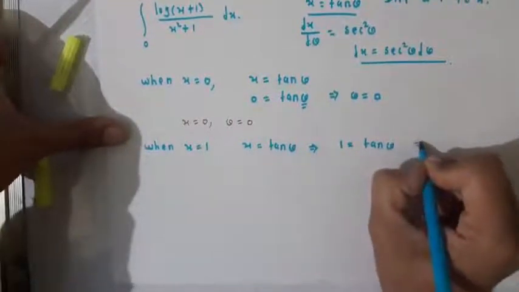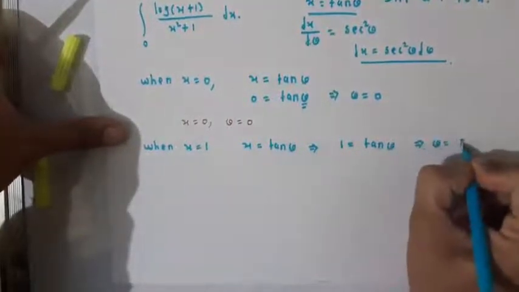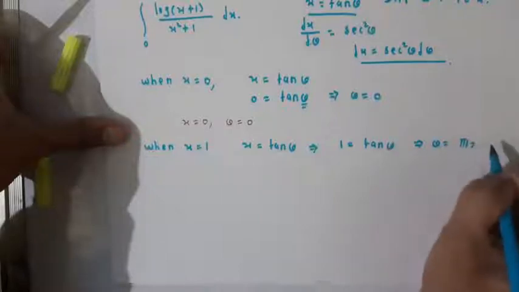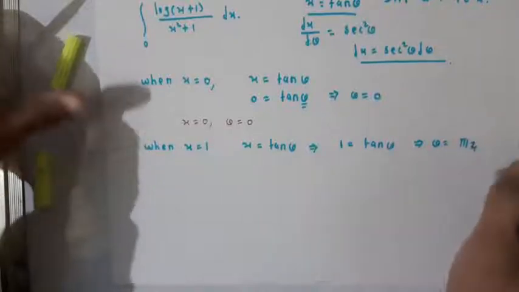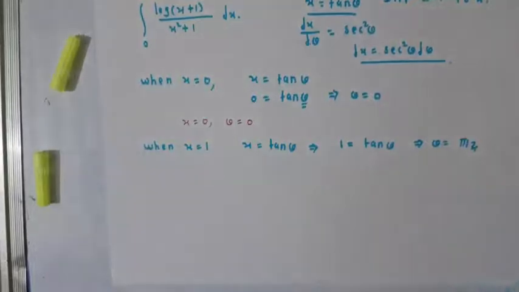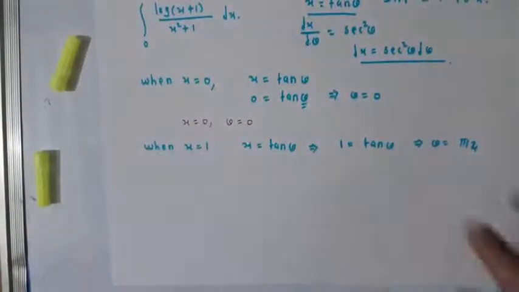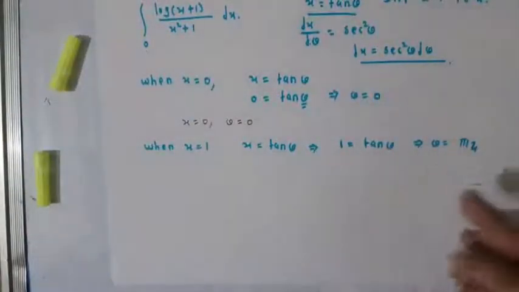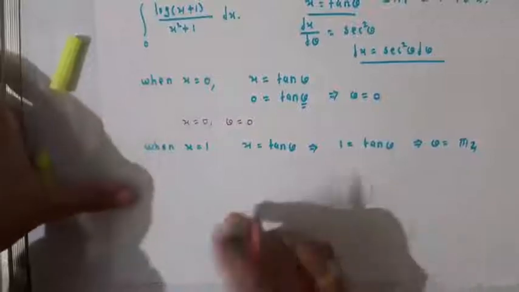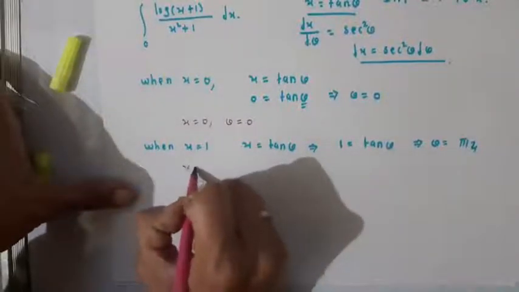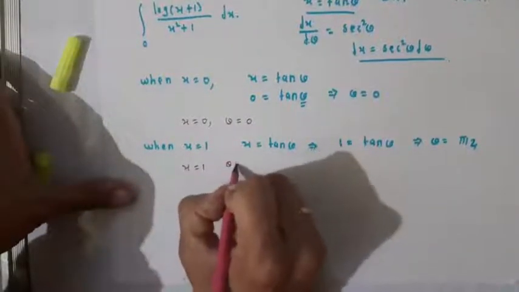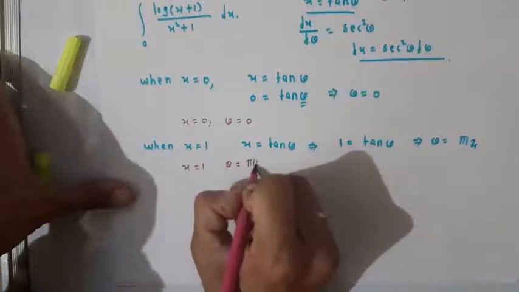We know that at theta equal to pi by 4, the value of tan theta is 1. Therefore at x equal to 1, theta equals pi by 4.